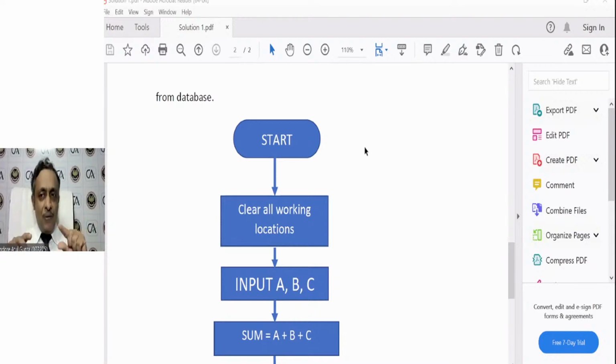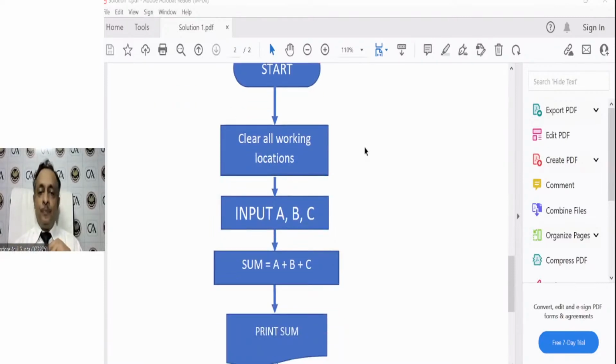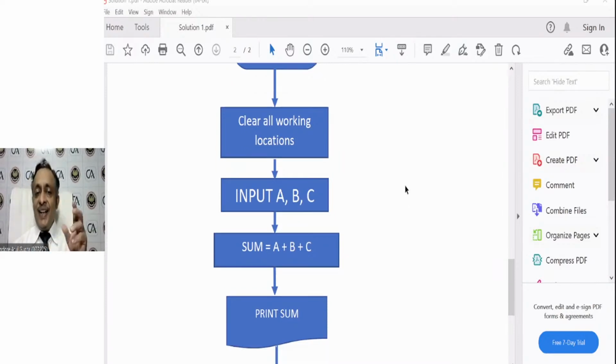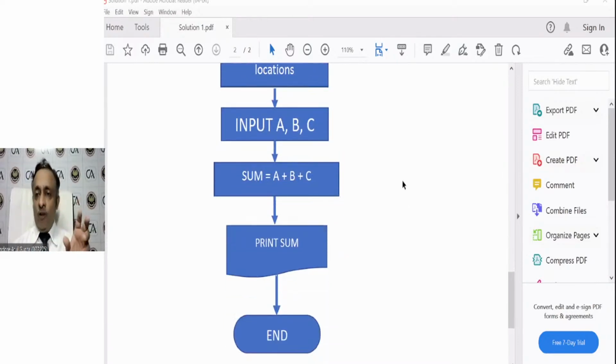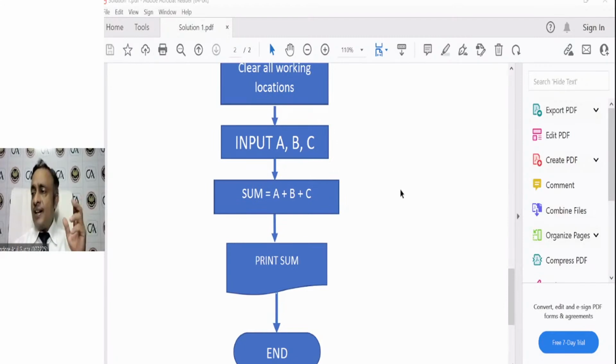So you get the difference: when the values are read from an existing stored set of values, you read those values. But if the values are not from an existing set, you give an instruction to the user. So you say input, and the user is going to feed the numbers. So you get sum of A, B, and C, then print sum and end. This is how a flowchart appears.